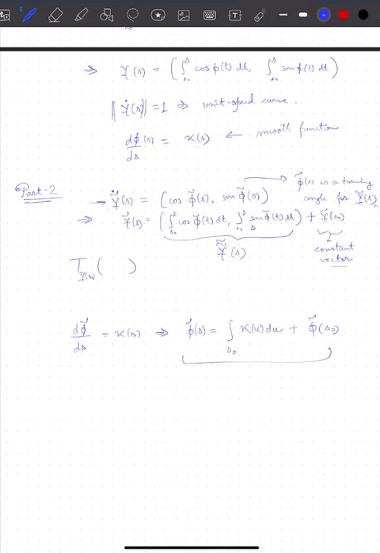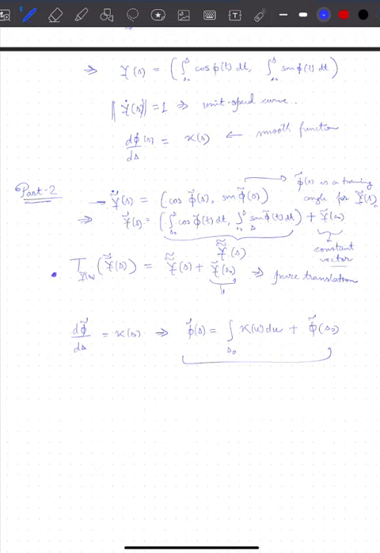So what this does is it takes gamma tilde tilde of s, and then it just applies plus gamma tilde of s naught. This is what it does. So it just adds this constant operation, which means this is just pure translation. And it is applied to gamma double tilde, right?